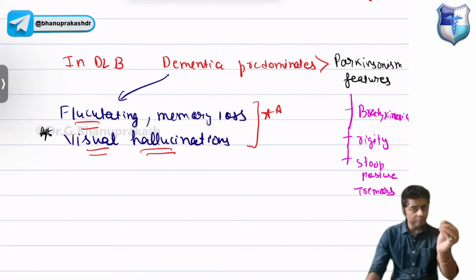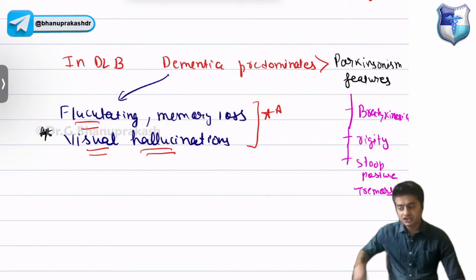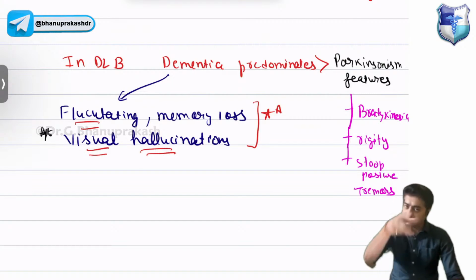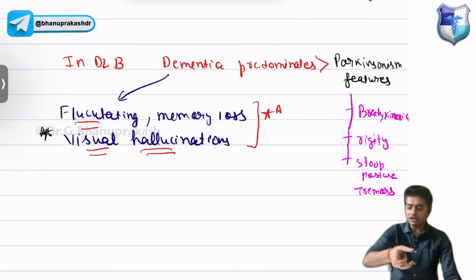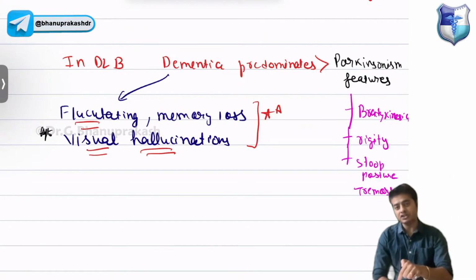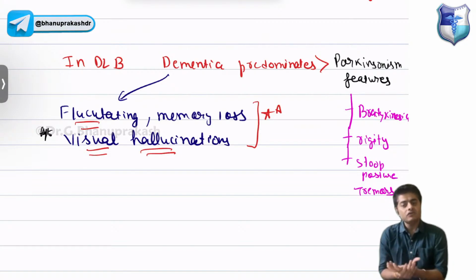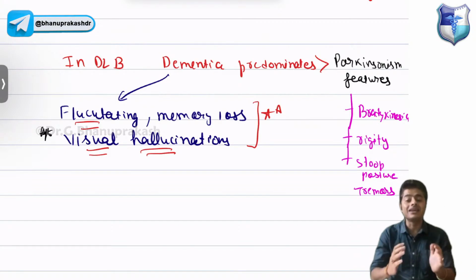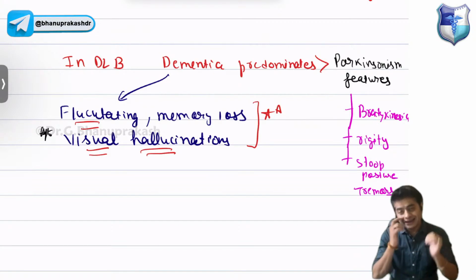Now what will happen? If a hallucination patient is coming to you, generally what we prescribe is antipsychotics, and we all know that antipsychotics decrease dopamine. So if you give antipsychotics to this patient, and in this patient there is already a decrease in dopamine, because we all know Parkinson features are due to decreased dopamine, his visual hallucination will increase.